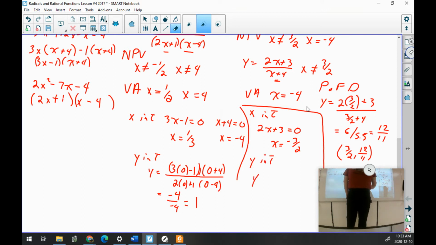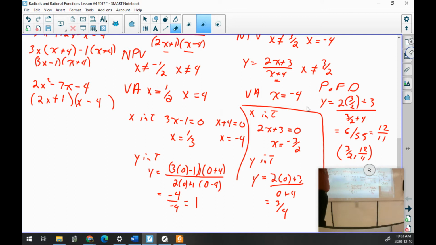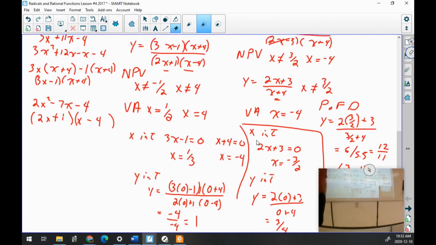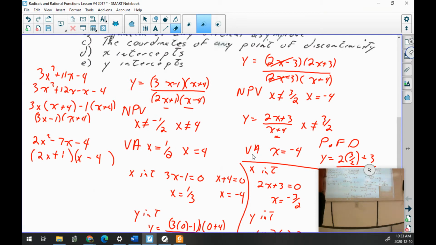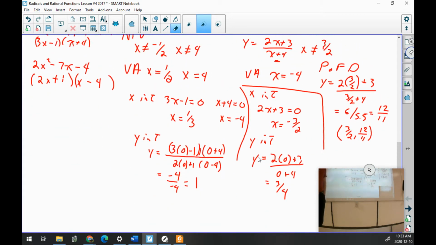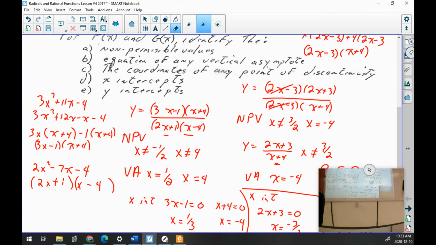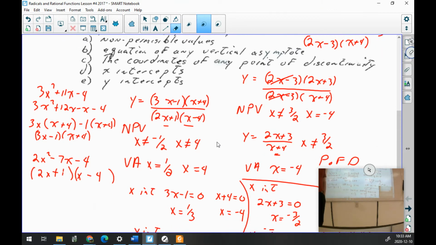So y is equal to 2 times 0 plus 3 over 0 plus 4. So we have a y-intercept at 3/4. Now, we would be able to plot all those points on a graph and get a general sketch for this. Okay, so it's no different than what we were talking about yesterday, except I'm making you do some factoring.